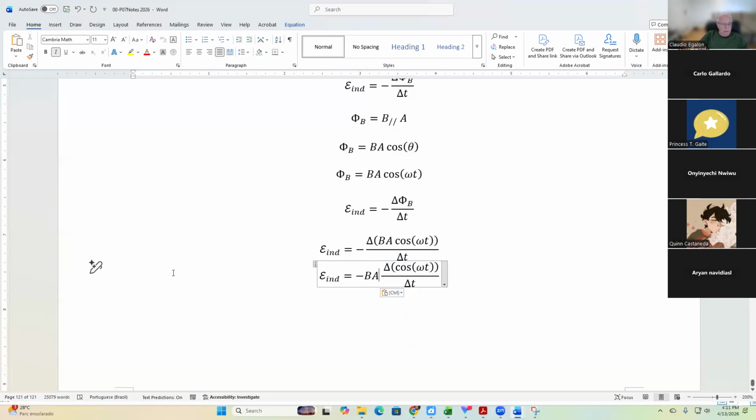What we end up having is a term that is a function of sine, but it's also going to be a function of minus this sine function. Omega is going to be something like that.